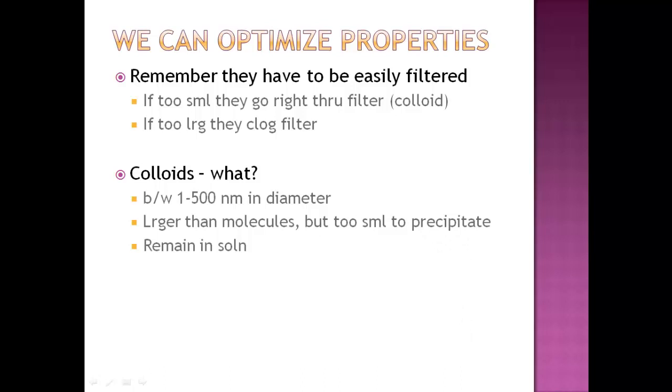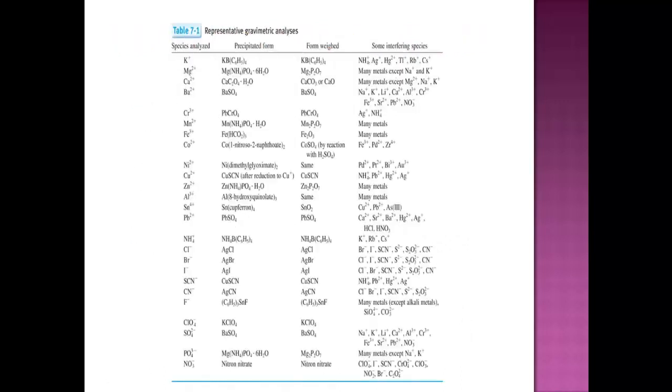There's also another table in your book, table 7.1, which shows representative analytical precipitations. Basically, it tells you what species is being analyzed, what the precipitated form is that you would weigh out, and then some of the interfering species. So for example, in the example that we did, it analyzed the chloride ion, and what precipitated out was silver chloride.